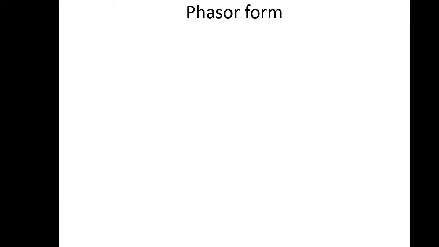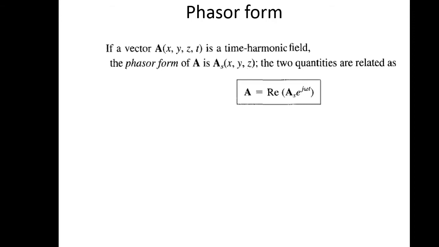Now coming to another portion, that is phasor form. We consider a vector, say A(x, y, z, t). These three are the position coordinates, and then t. Phasor form means we take only the space coordinates together, as x, y, z.